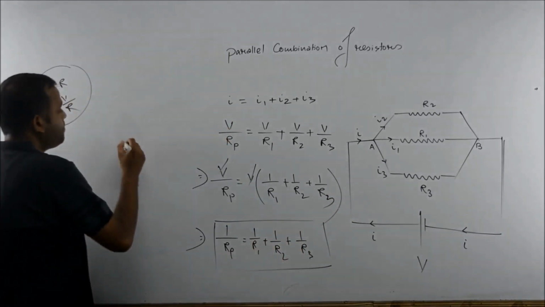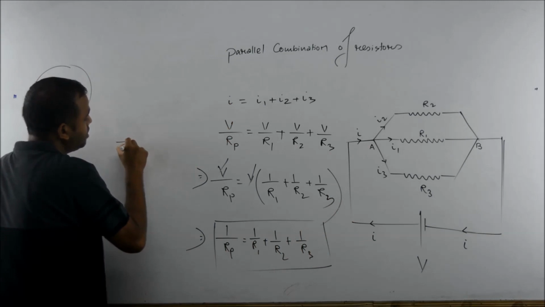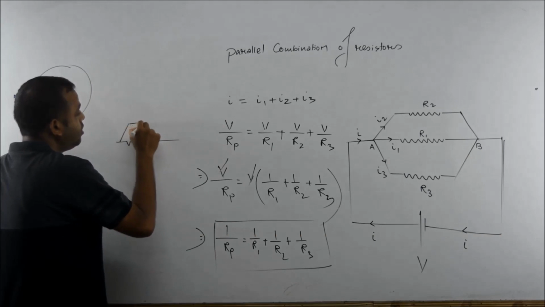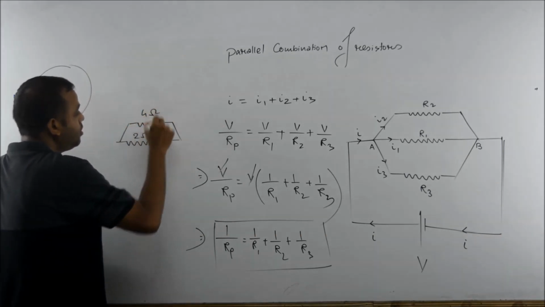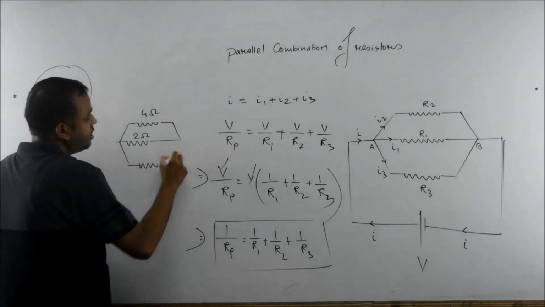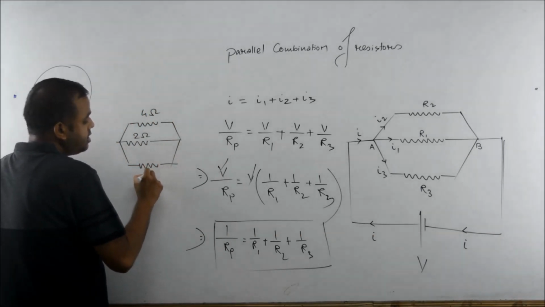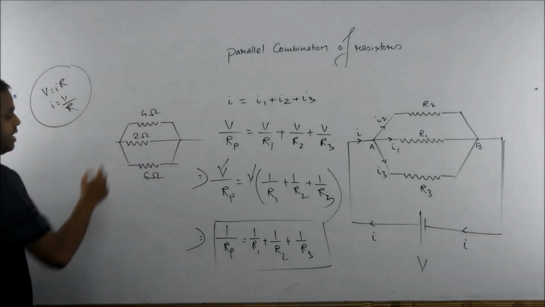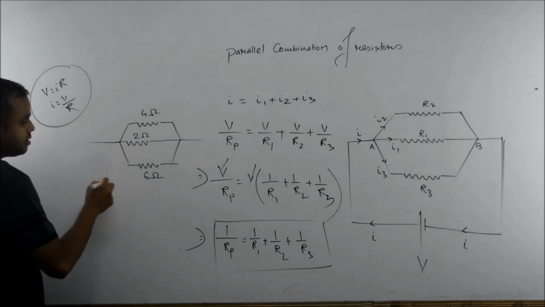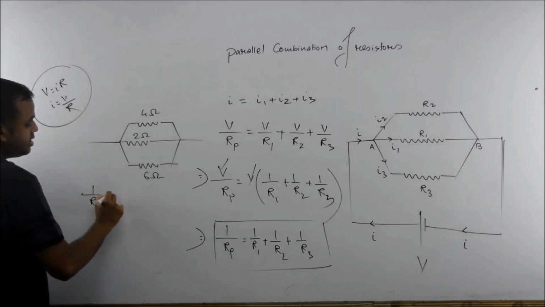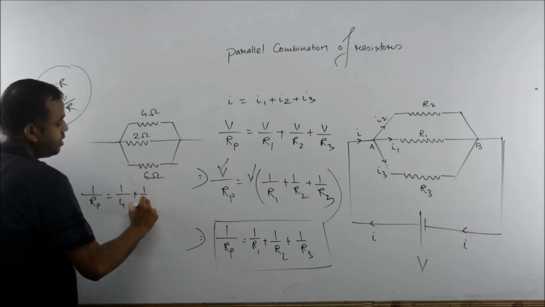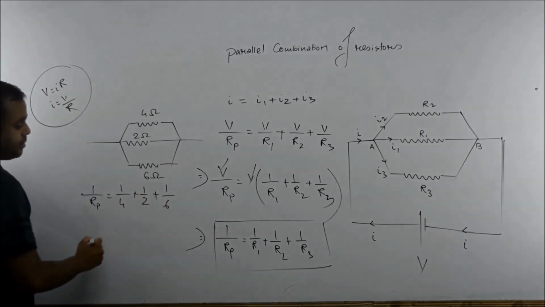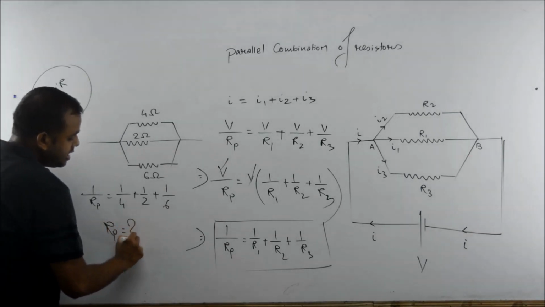For example, say we have 2 ohm, 4 ohm and again say 6 ohm. These are three resistors connected in parallel. If I ask you what is the combined resistance of this combination, it equals 1 by 4 plus 1 by 2 plus 1 by 6. After that, you obviously know how to take the LCM and you will get the result.